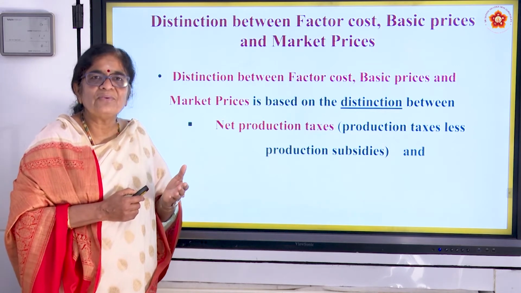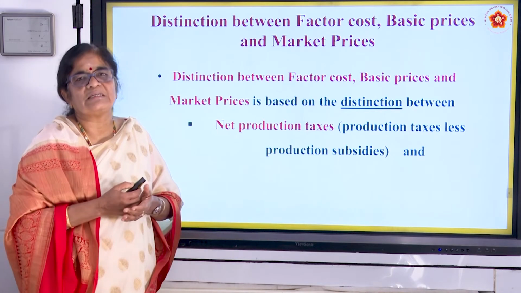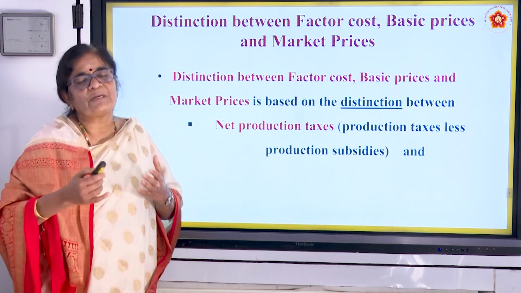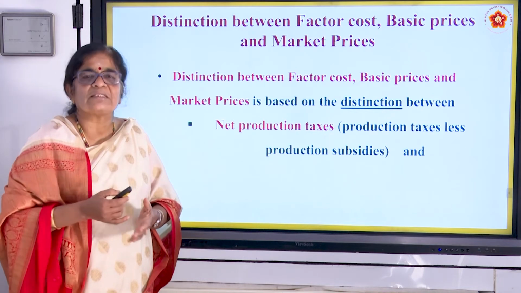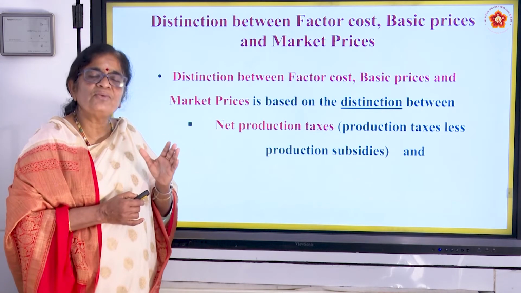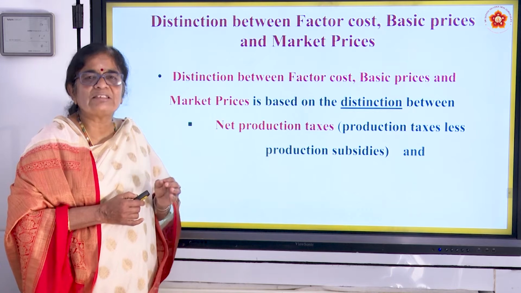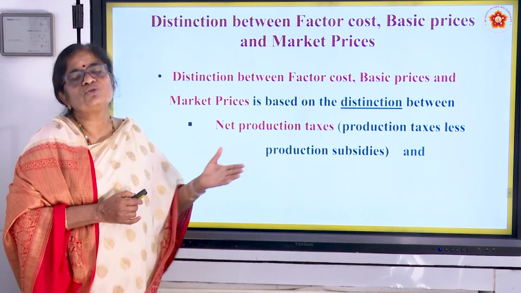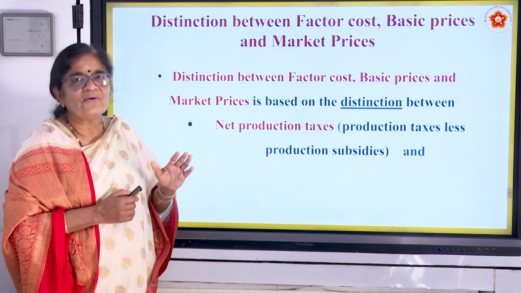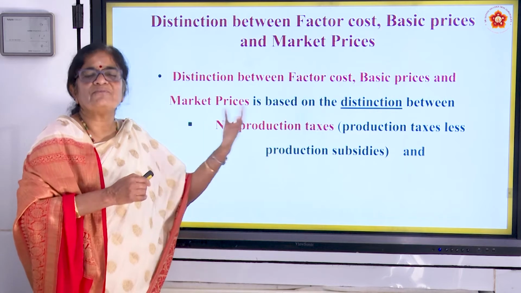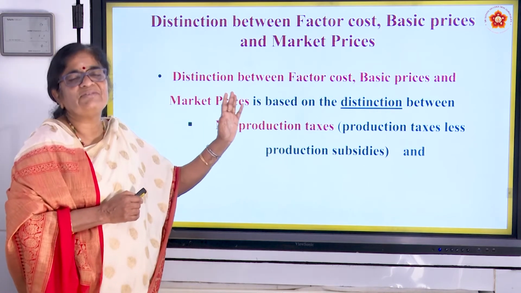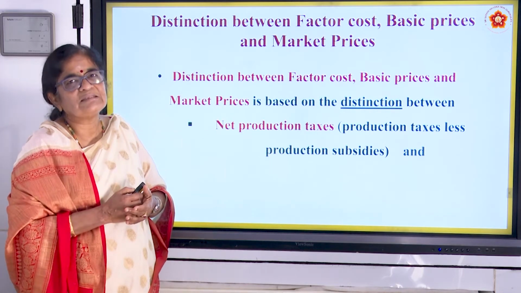Land revenue doesn't depend on the volume produced. It is levied on land which is used for agricultural production. Therefore, production taxes are just for the virtue of production. It is levied on the land only, not on the volume of production.